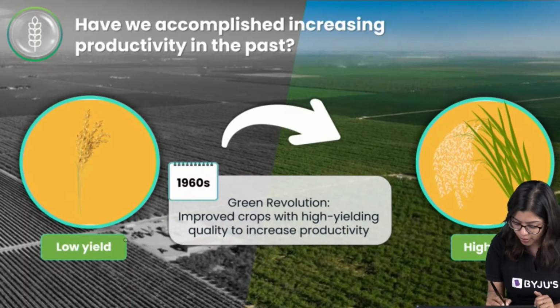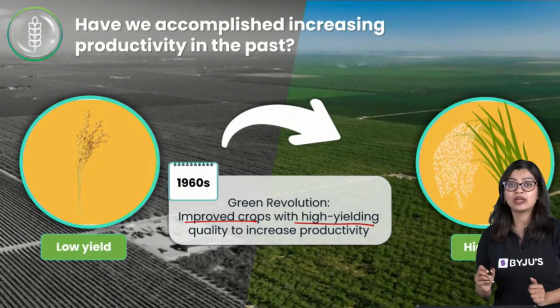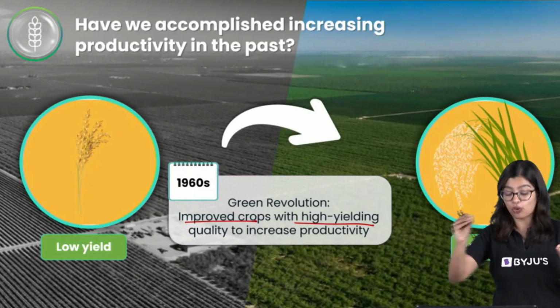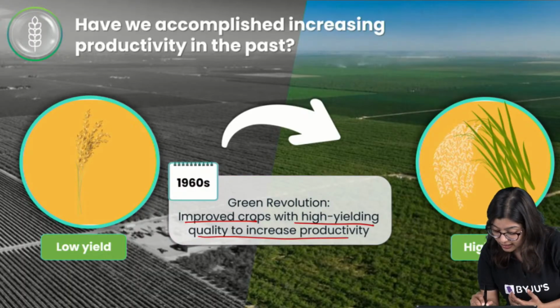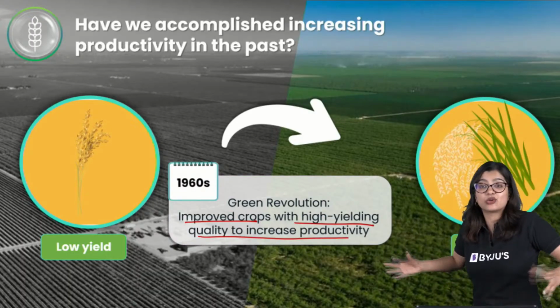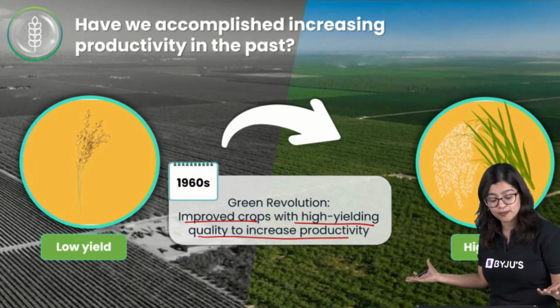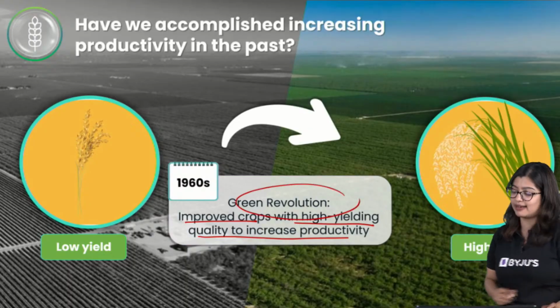So they started to produce improved crops, right, which were high yielding. That means that in every small area of land, crops were grown effectively. And why did they do this? They did this to increase the productivity, so that in my tiny piece of land also, I will get more and more crops, right? Now this process is what we knew as the green revolution.